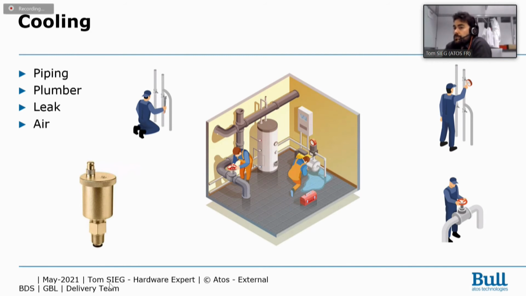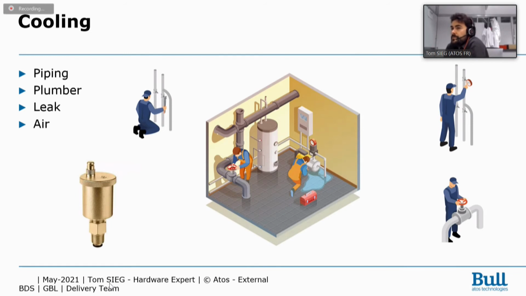And check also your air extractor. Generally the simple one is this one, but you may have a more sophisticated installation. You have to check that the air is going out correctly, because again, air in your circuits could damage the pump or other components.